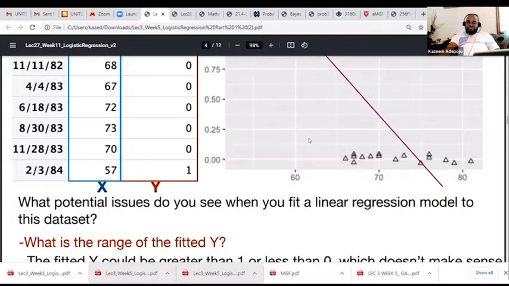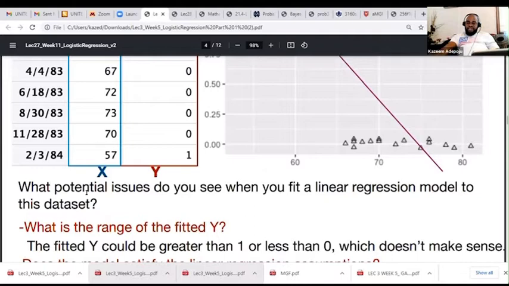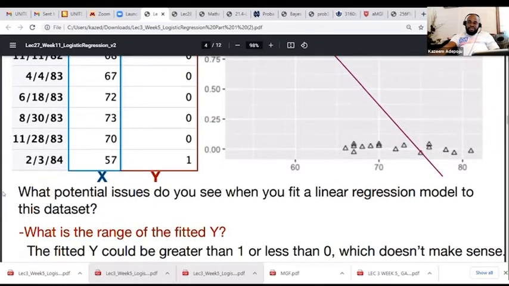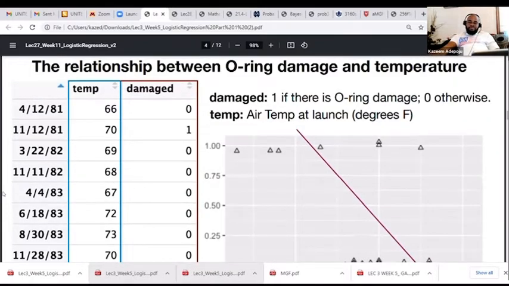And that was why I asked, what potential issue do you see when you fit a linear regression model to this data? People have tried that before. We call that the linear probability model, when they fitted linear regression to a situation where the response variable is categorical.